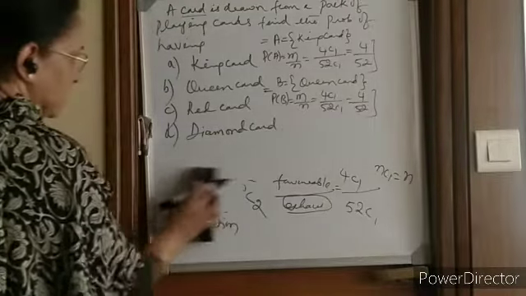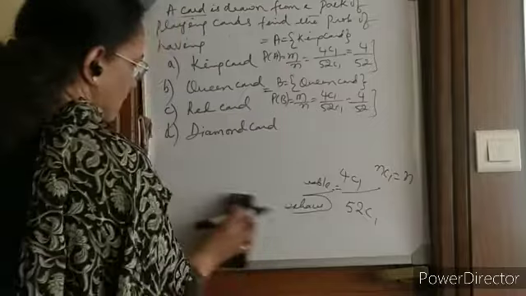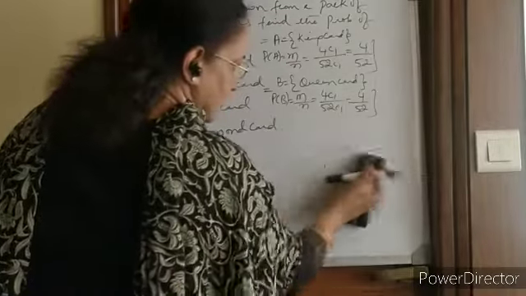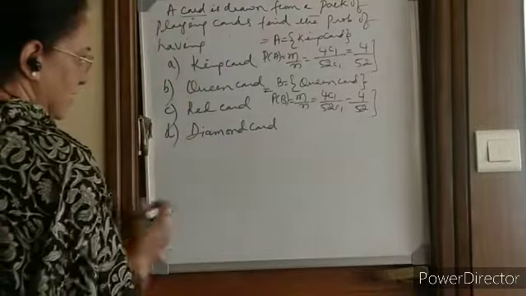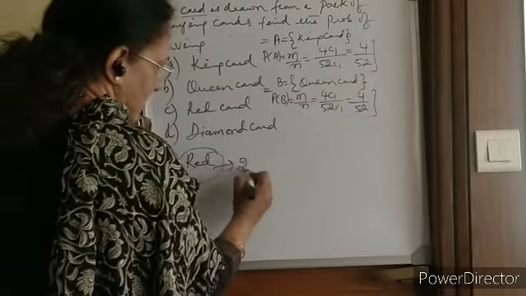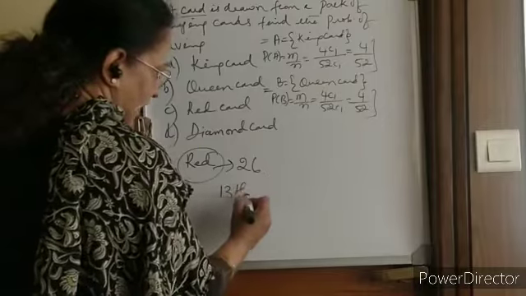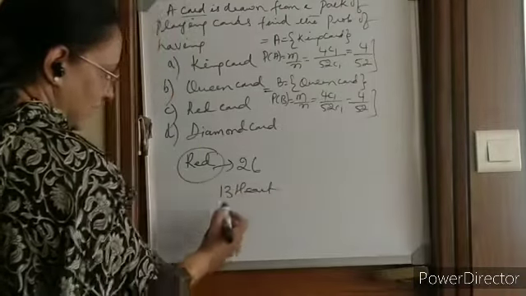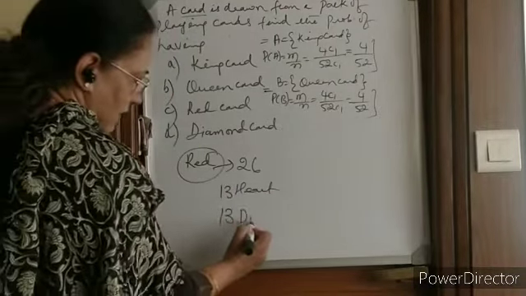Now coming to the red cards. How many red cards are there? There are 26 red cards. Correct? So the number of red cards is 26. 13 are heart cards, which are red in color, and another 13 are your diamond cards.